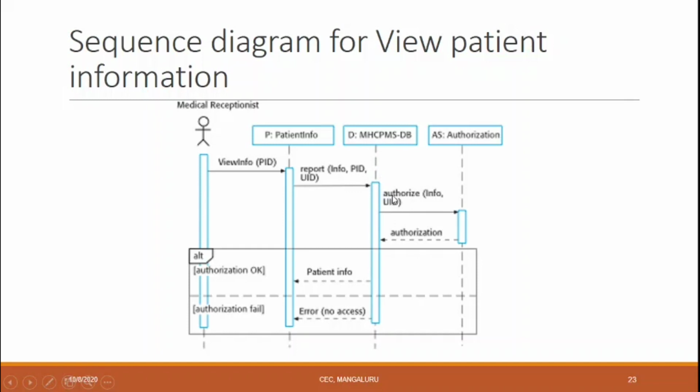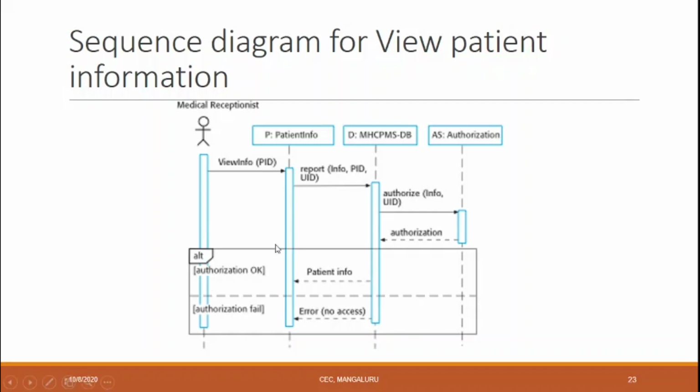If the authorization is okay, it acknowledges to the database that the person asking for the data can access it. That is, it checks the database with the authorization system: is the user authorized for this action?